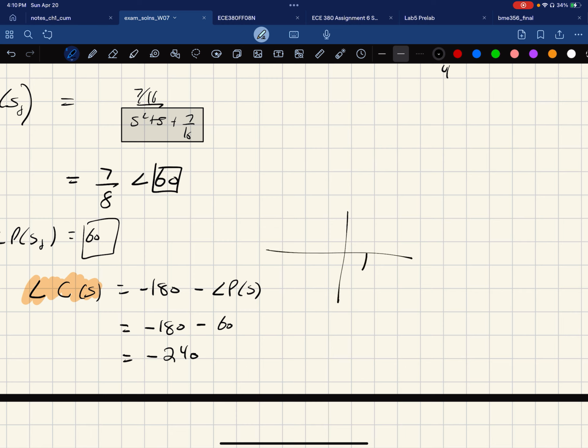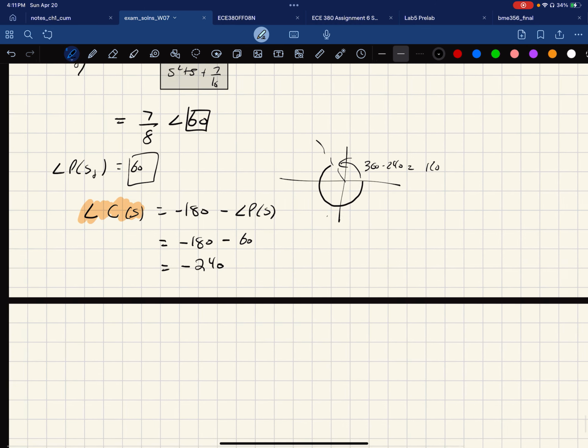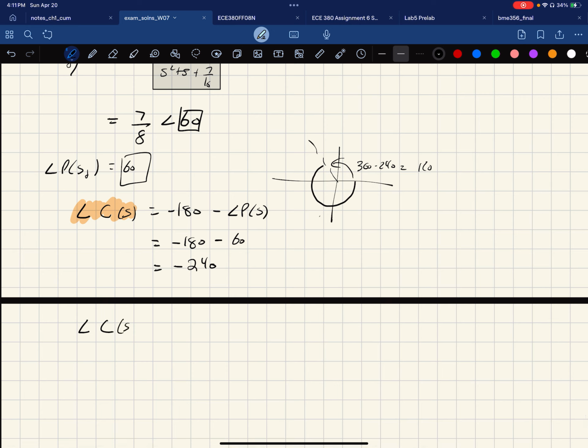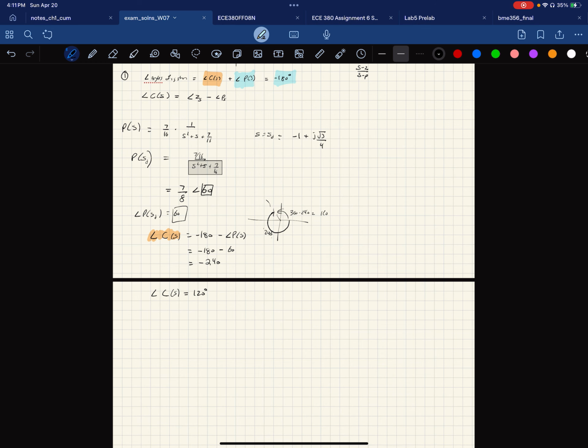And minus 240 is nothing but 360 minus 240, which is equal to, I forgot math, 120. Right, so saying that C(s) has an angle of minus 240 is the same as saying that C(s) has an angle of 120 degrees, right? Yes, cool. So I need a compensator such that the angle of the compensator is going to form 120 degrees.